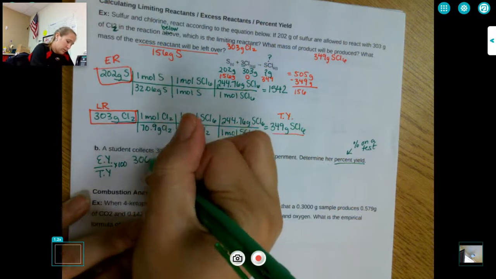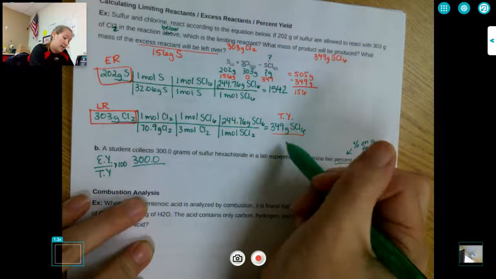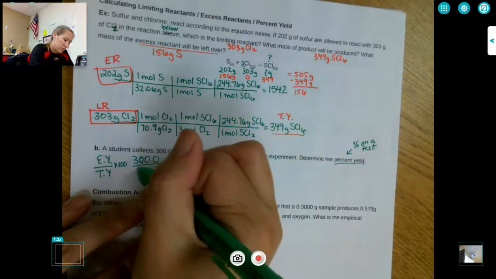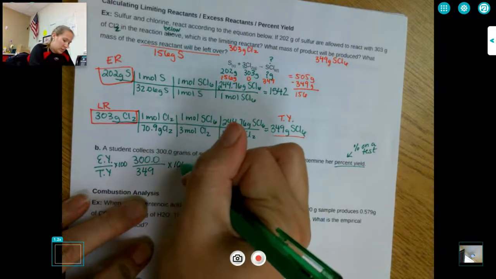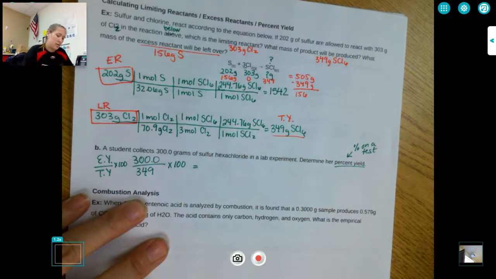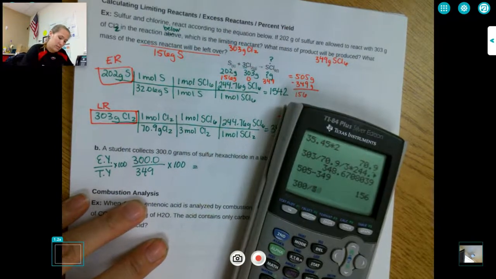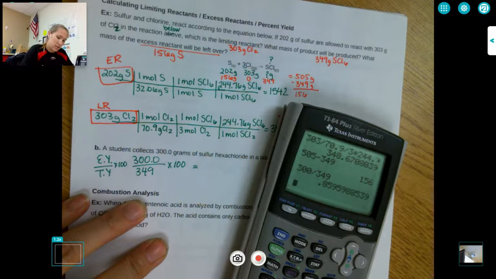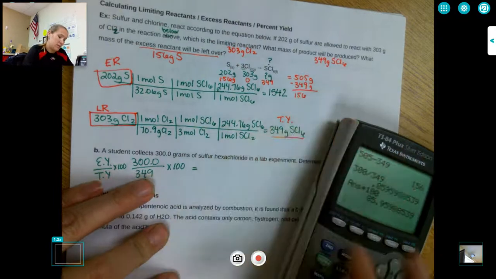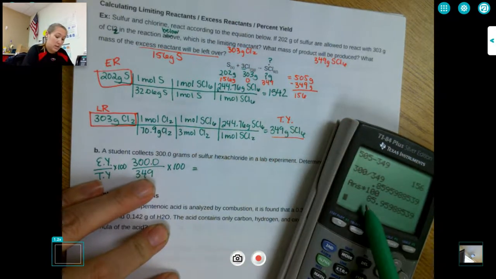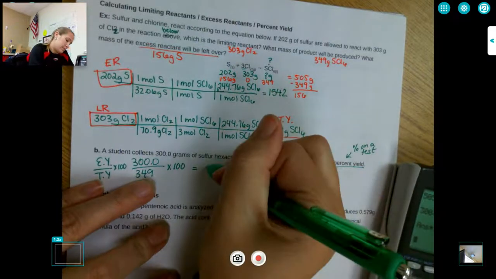So 300 divided by, theoretically, she should have gotten 349, but we never do in a lab, times 100. 300 divided by 349. She's got 4 sig figs there, 3 sig figs here, so we'll round to 3. So it's 86.0%. Not bad.